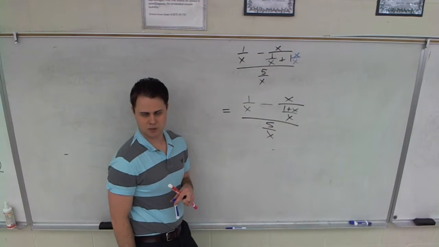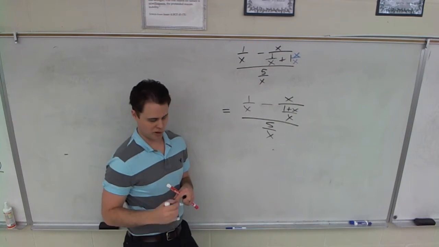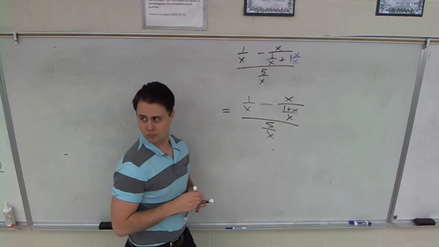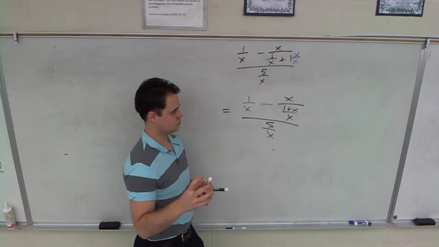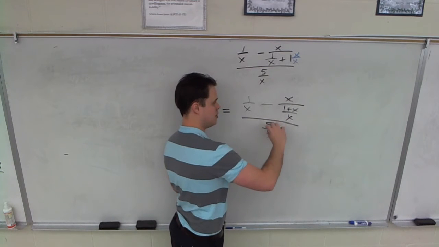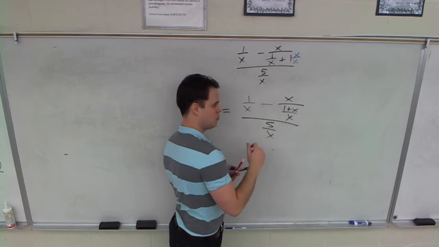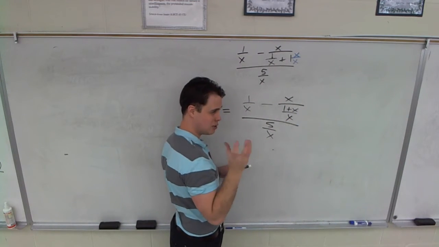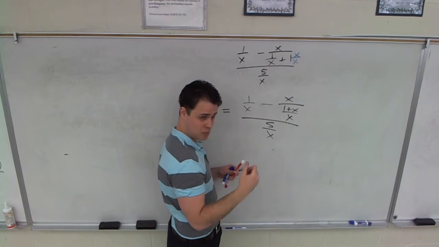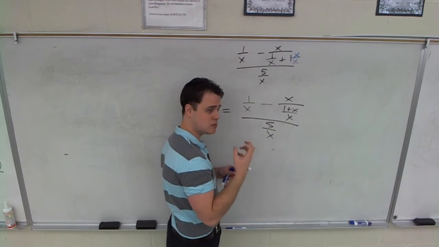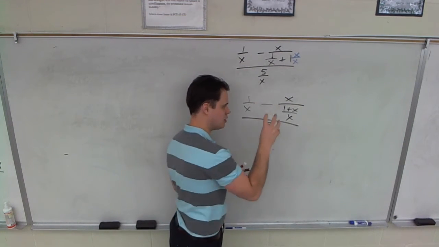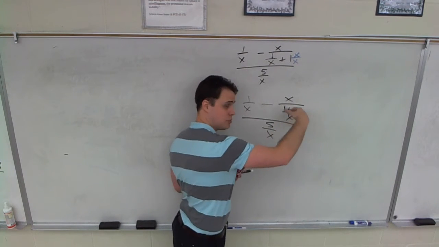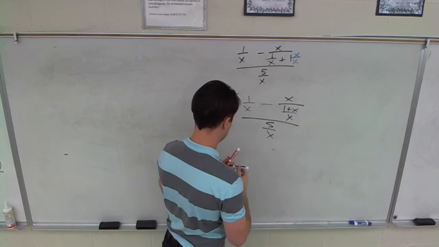Now you can flip something. Where? This could be flipped right now if you want as well. But since there's a bunch of stuff up here, I think it's better to keep on the inside. Think PEMDAS. Inside, resolve as much as you can first. And over here, if I zoom in, I can flip that guy right now. So let's flip it.